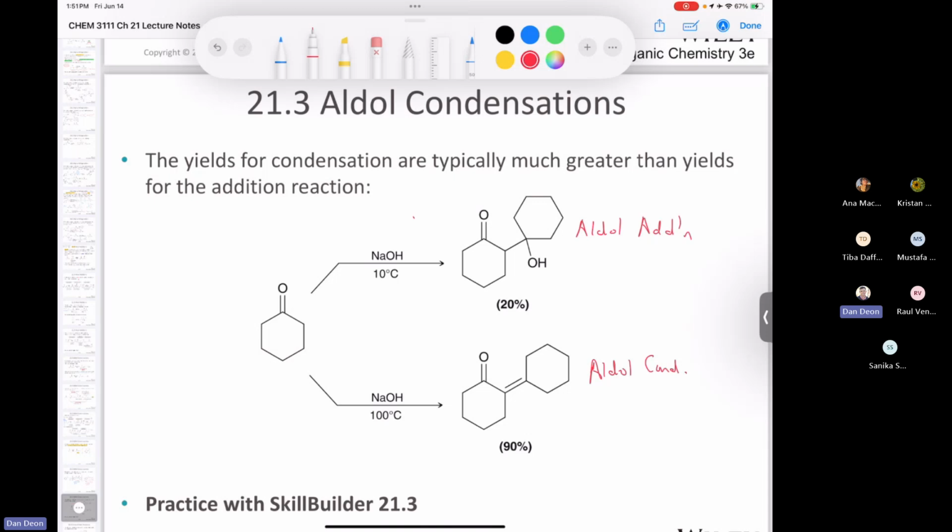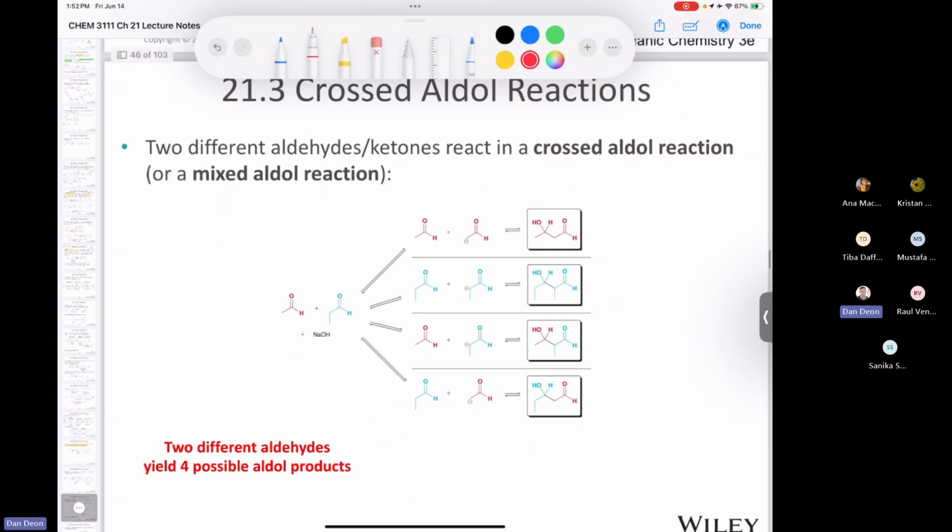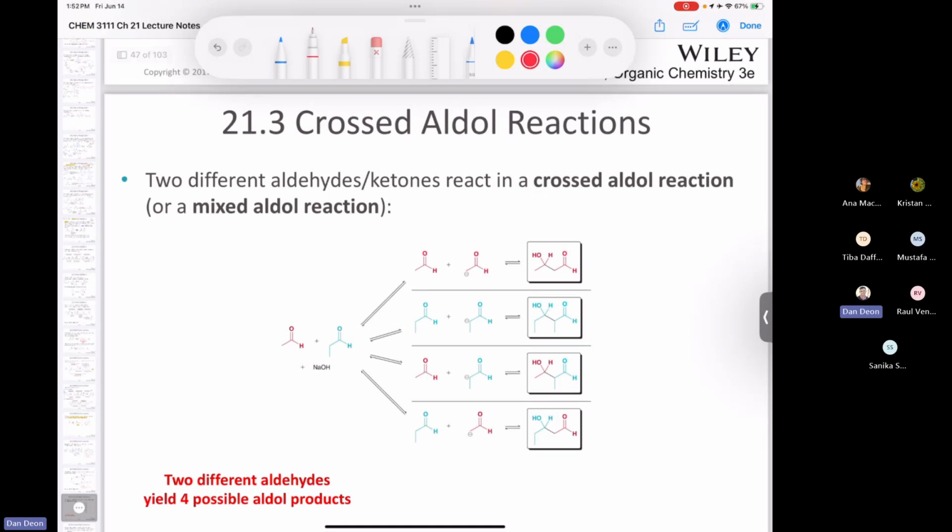Just bear with me. Skill builder 21.3 is a really helpful skill builder because it shows you how to draw the products of aldol condensation. And I'm going to try to do that with you as well in a little bit.